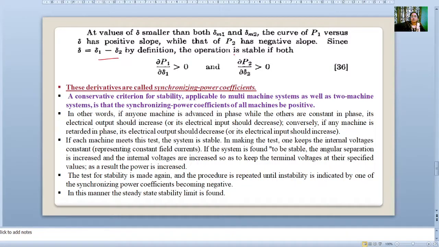Since delta is equal to delta m1 minus delta m2. By definition, operation is stable if the partial derivative of P1 with respect to delta 1 is greater than 0, and the partial derivative of P2 with respect to delta 2 is greater than 0. Both should have positive slope, as we have seen.